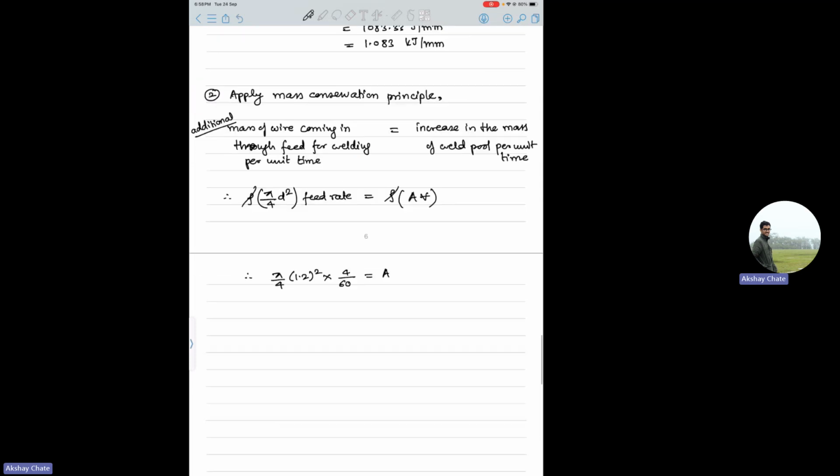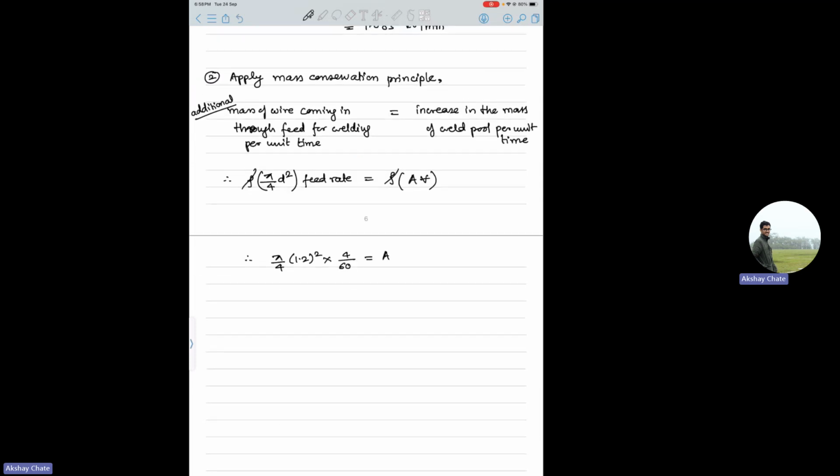Velocity is given as 18 centimeter per minute, so this will be 0.18 meter per minute, and per second, the 60 goes away. So for the area, you can calculate this. The 4 gets cancelled, so basically pi into 1.44 divided by 0.18.